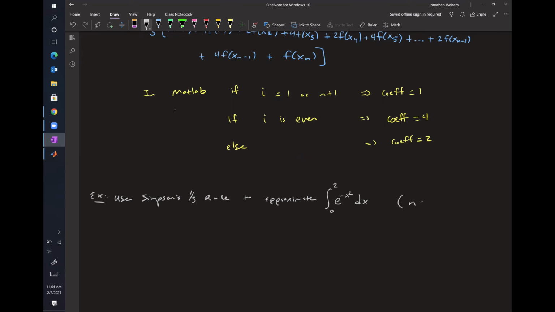And we're going to use n equals 4. So that's a composite Simpson's 1/3 rule if n equals 4. If n equals 2, it's a single Simpson's 1/3 rule. Okay, so composite is anything greater than 2, and single for Simpson's is n equals 2.